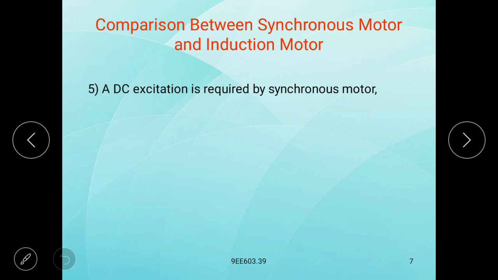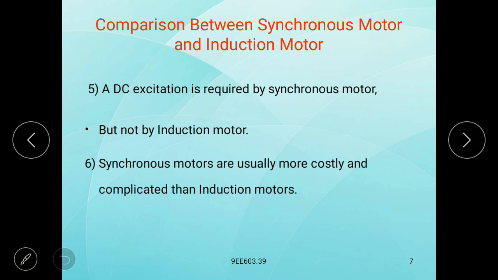A DC excitation is required by synchronous motor but not by the induction motor. Synchronous motors are usually more costly and complicated than induction motors.